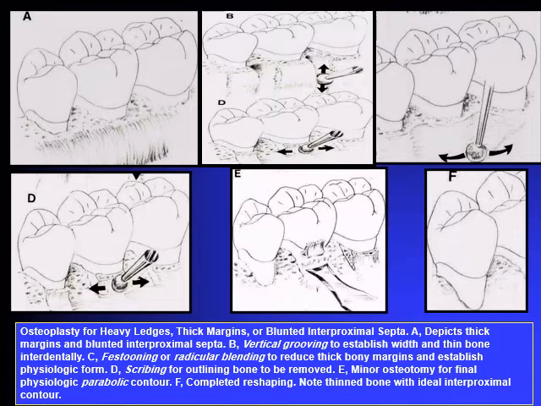In B and C, this is purely an osteoplasty technique, which is vertical grooving, I repeat again, and the radicular blending. But in D, we make here the ostectomy technique.